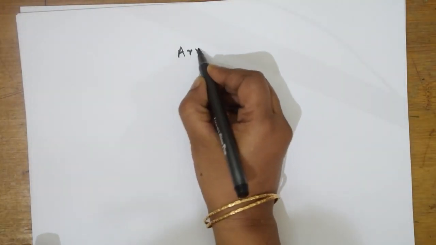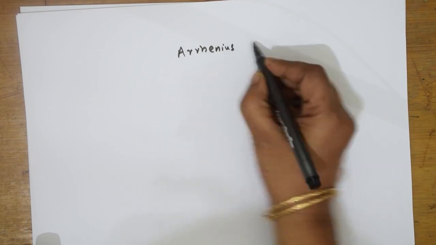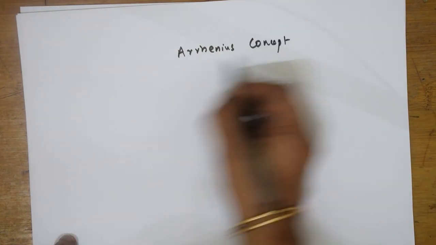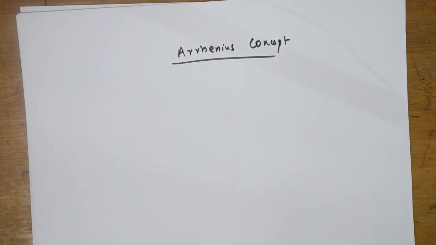Now let us start with one more concept, that is the Arrhenius concept. What is Arrhenius trying to teach us? The first important thing in Arrhenius is that it speaks about the nature of acids and bases.